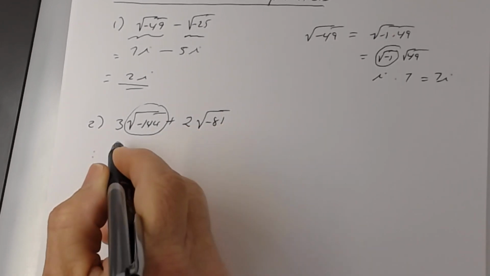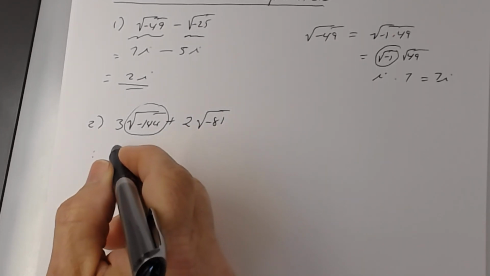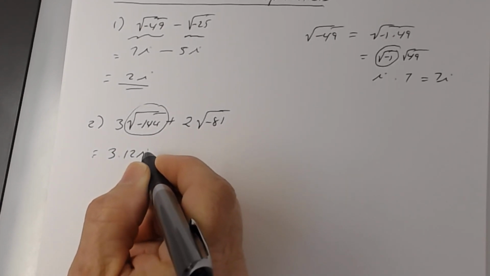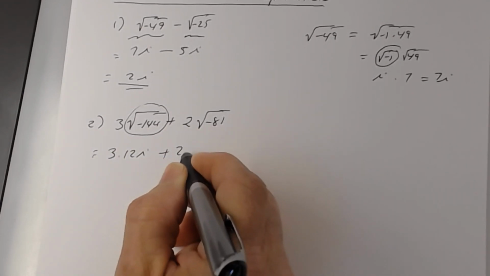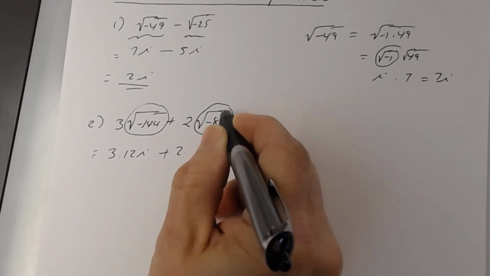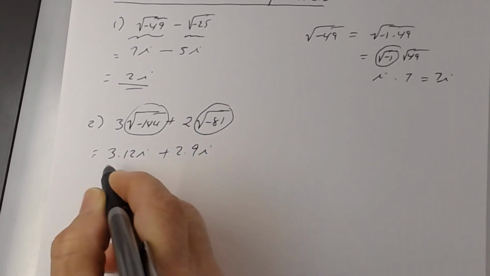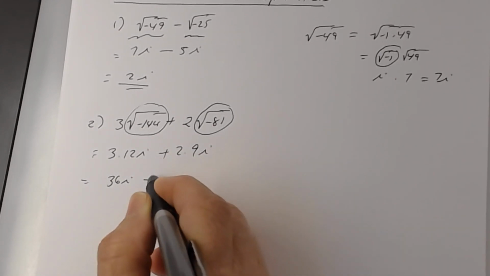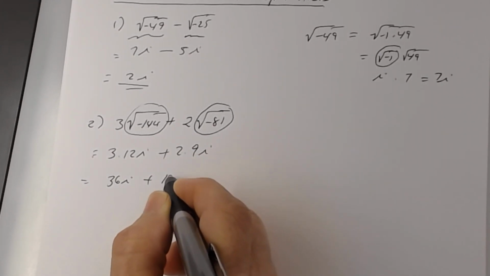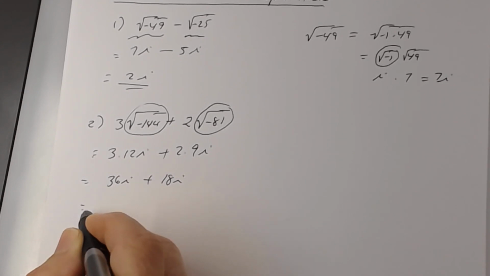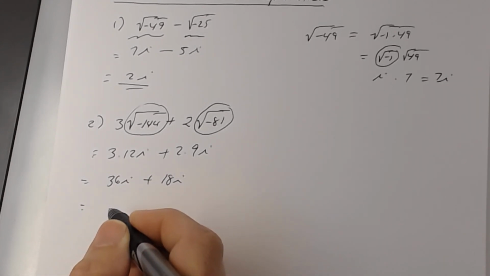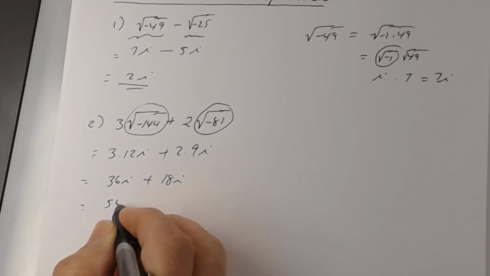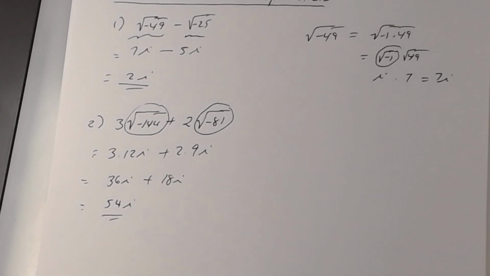So I'm going to write this as, and you could skip some of these steps here, but you're going to say 3 times 12i, right? Plus 2 times, what's the square root of a negative 81? 9i. So what's 3 times 12i? 36i. What's 2 times 9i? 18. Can I combine those? Use your calculator if you can't do this in your head. What's 36 plus 18? 54i. All right, so that's number 2.